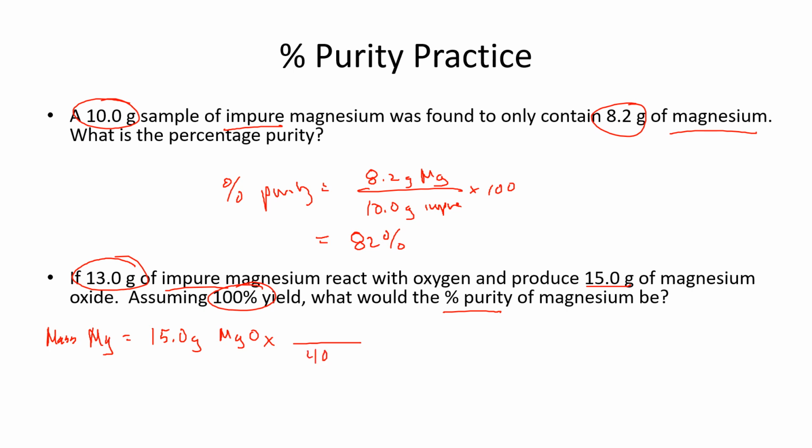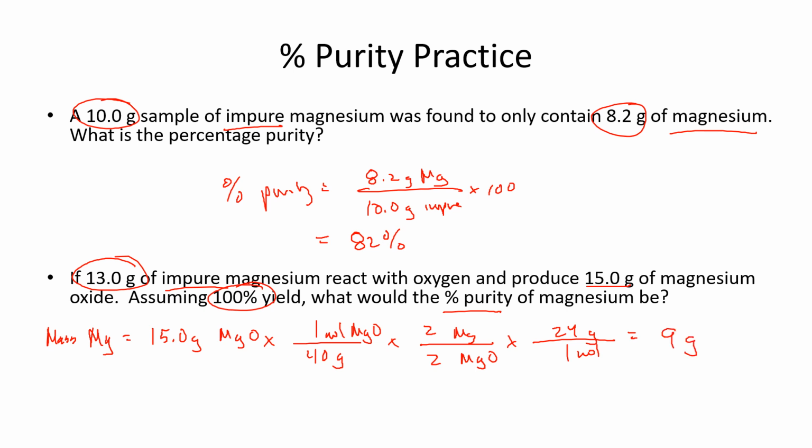So if you recall, it was 40 grams per mole for magnesium oxide, and then the ratio again was 2 moles of magnesium oxide to 2 moles of magnesium, and then magnesium by itself is 24 grams per mole. And so that comes out to, let's see here, 15 divided by 40 times 24 equals 9. Oh, nice and even.